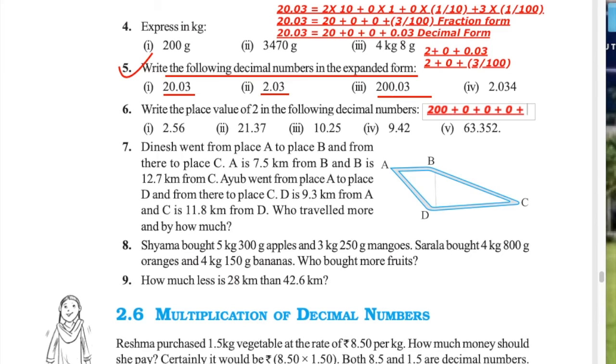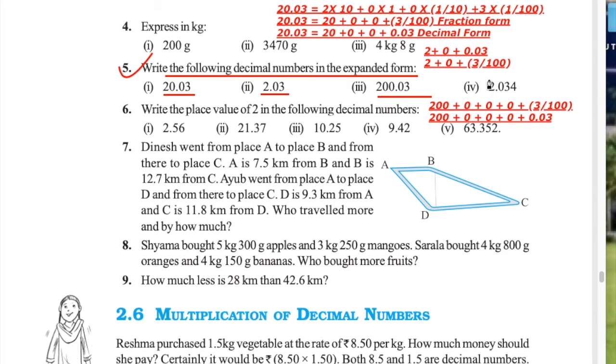So it will be 3 by 100. This is your fraction form. And in decimal form, 200 plus 0 plus 0 plus for the tenth place 0, and then plus for hundredth place it will be 0.03. This is the expanded form of part number 3.